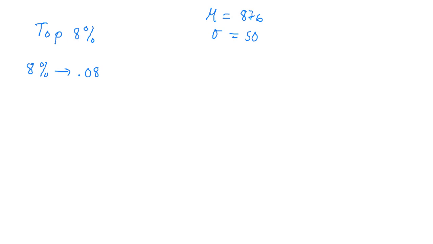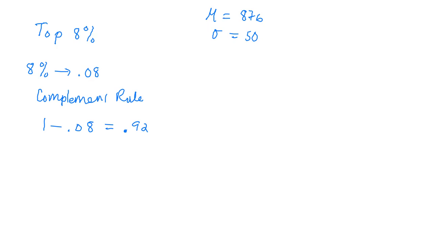And since we're looking for the top, that's going to be on the right of the normal curve. So we're using the complement rule. So we have 1 minus 0.08, and we'll get 0.92.